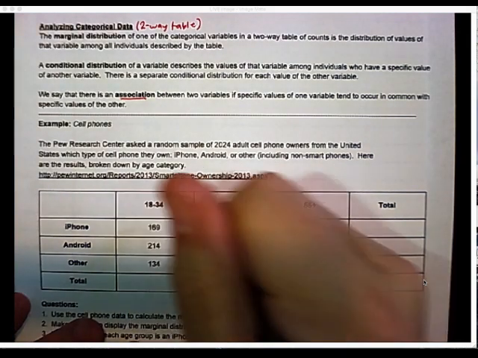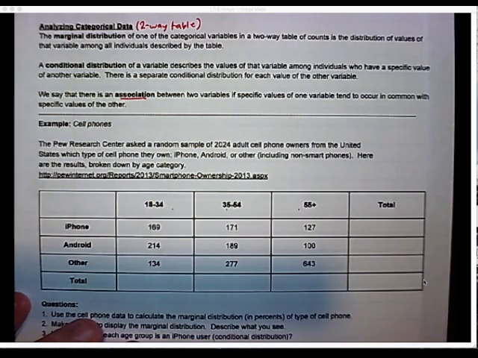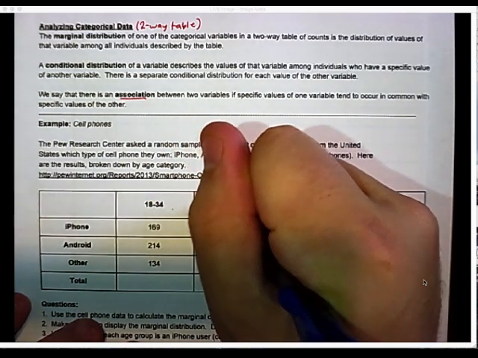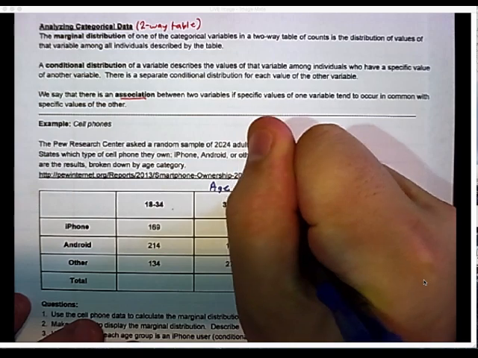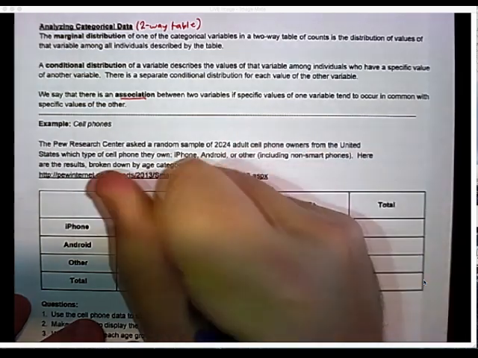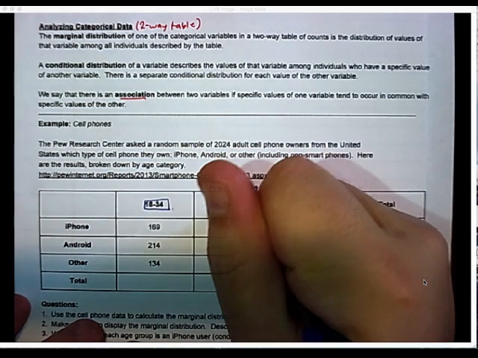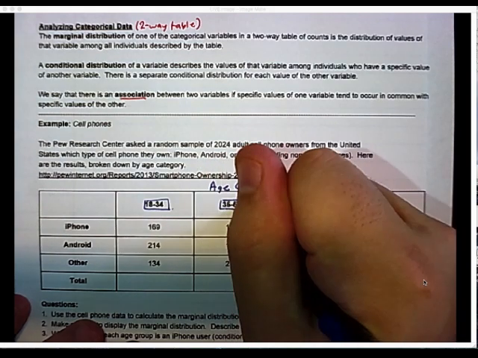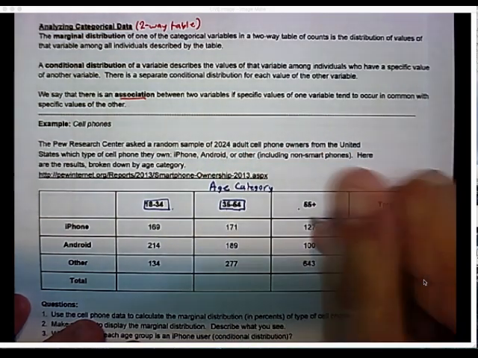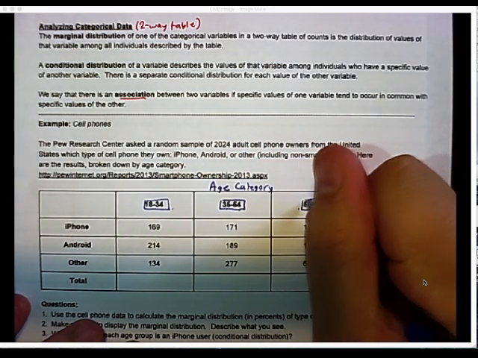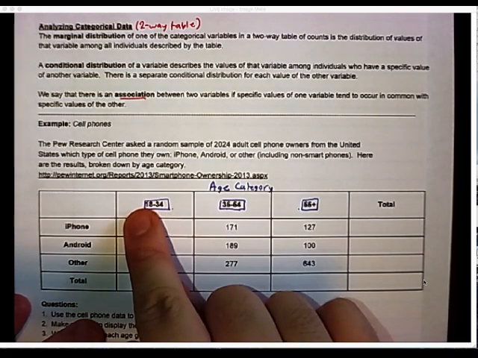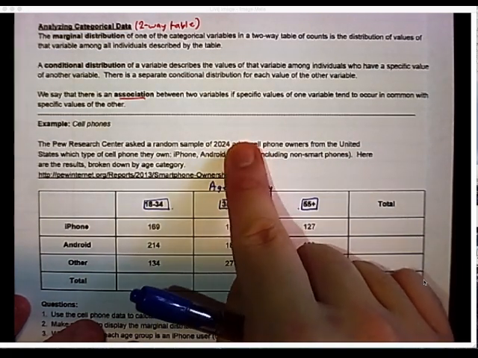So we have three categories here across the top, and this is the age category. People either fall from 18 to 34, 35 to 54, and 55 plus.